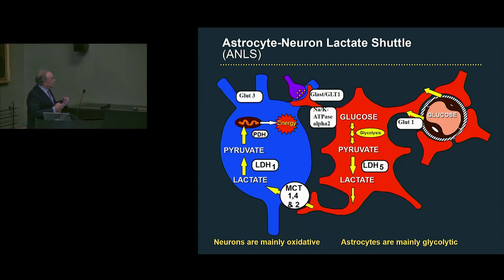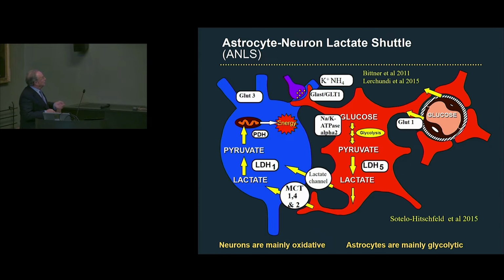Then this glucose is converted to lactate mainly, and then transported through specific transporters from astrocytes to neurons. And then in neurons, in the presence of oxygen, it is converted to pyruvate, and then it can provide energy for the respiratory chain and mitochondrial activity. So essentially, neurons are mainly oxidative, and astrocytes are mainly glycolytic.